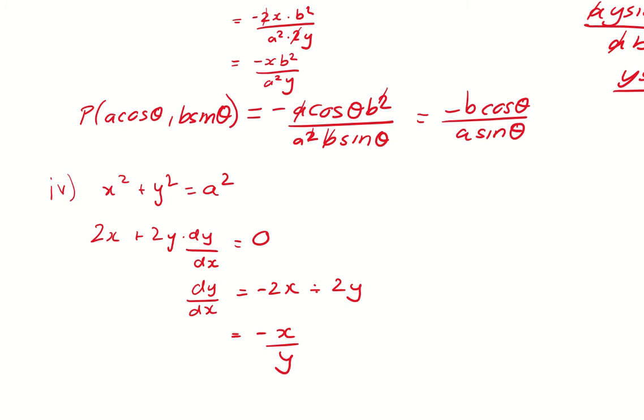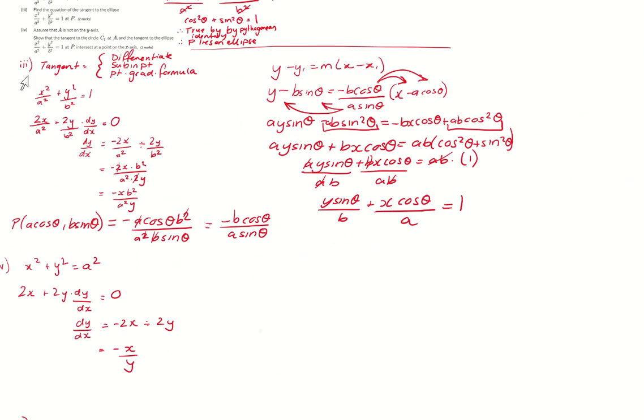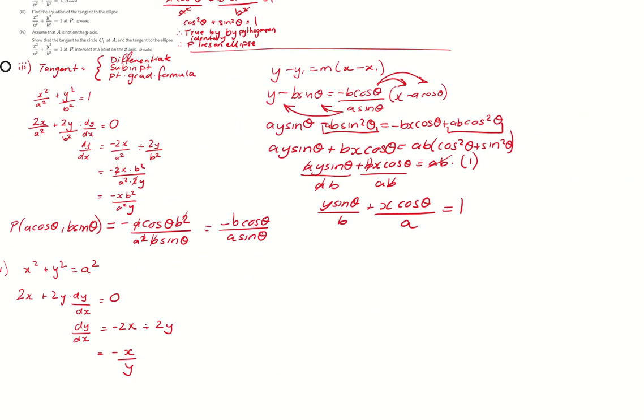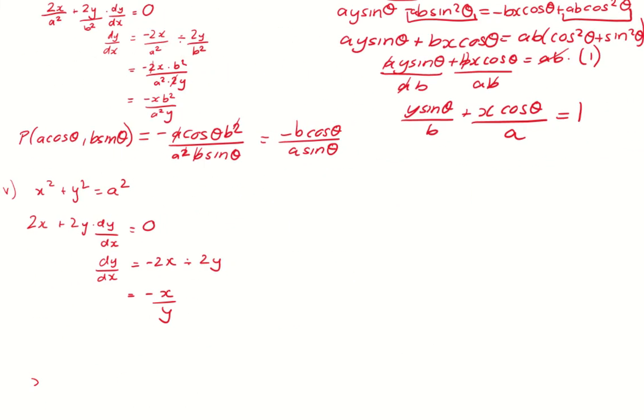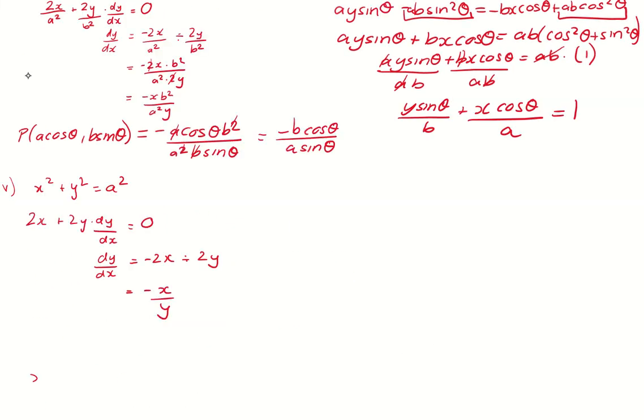Subbing in my point A on the circle, going back to parametric of a circle, my point is going to be, I'll call it A, r cos theta, r sin theta.